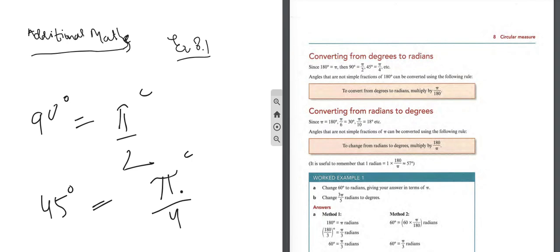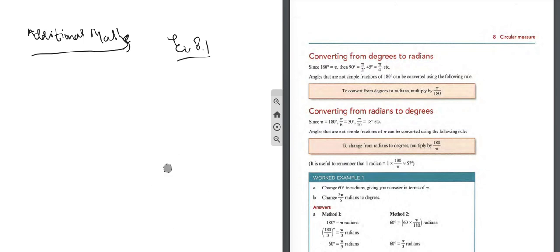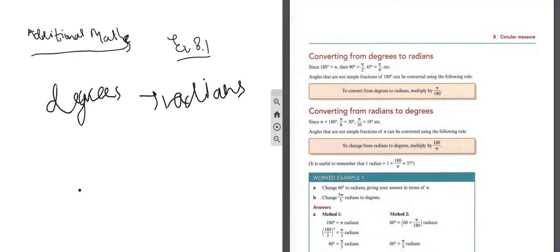Angles that are not simple fractions of 180 degrees can be converted using the following rule to convert from degrees to radians. This is a very good point, so you can just remember this. If you want to convert from degrees to radians, and you have a set degree, what you have to do is multiply the degrees with pi by 180.